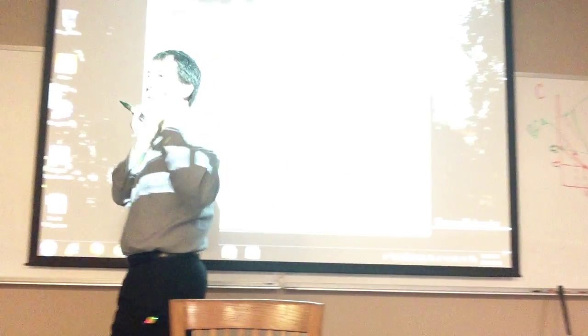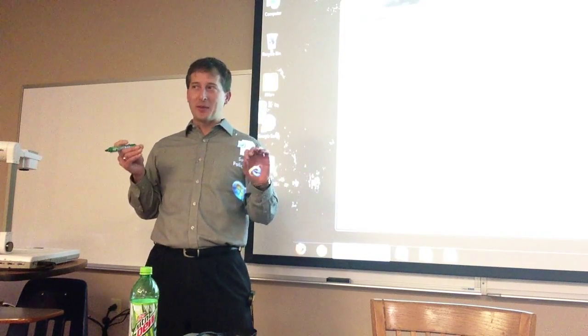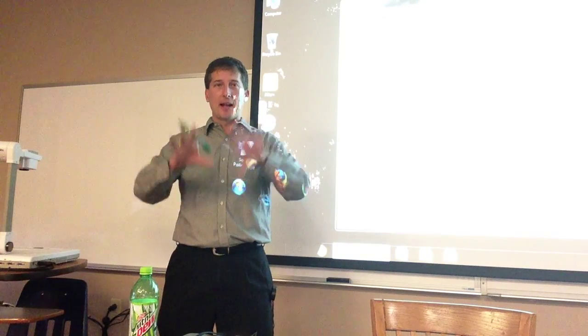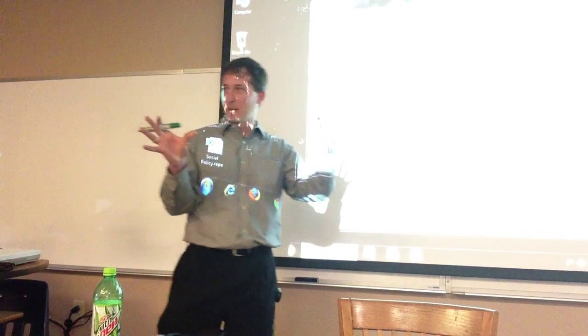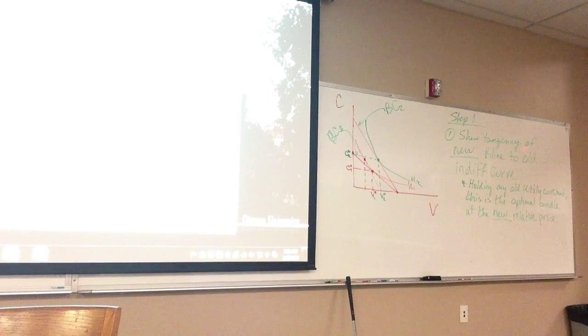Okay, now I want to jump to the next part with the interpretation before we do the mechanics. Think about what went on. Did utility go up or down? At the end of the day, we came to a new equilibrium, a new optimal. Down. Utility went down because we went from U1 to U2, and U2 is inside of U1.